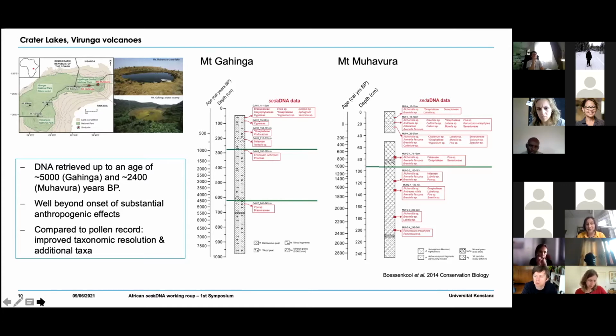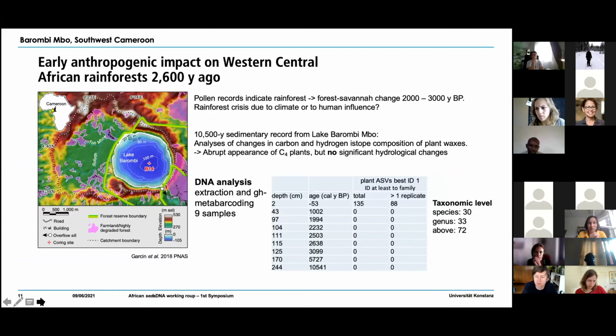So in this case, it worked, but now finally, a case where this didn't work at all, and this was also metabarcoding data, from Lake Barombi Mbo in Cameroon, where interestingly, as you see here, the first sample that we analyzed, which was recent, gave a really high diversity of plants.